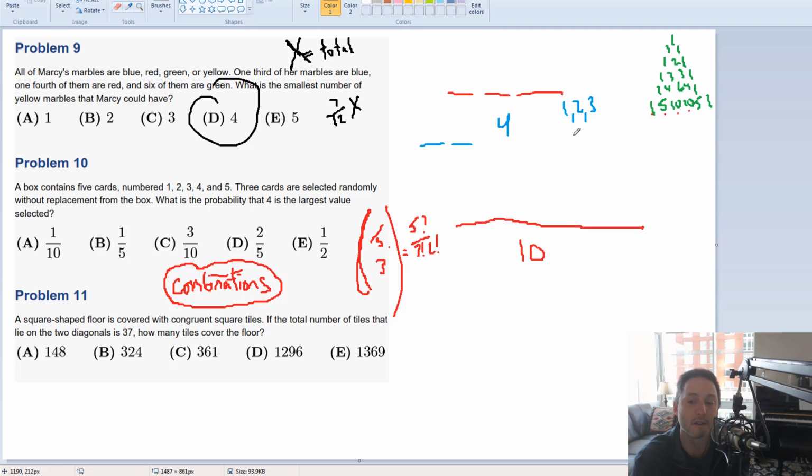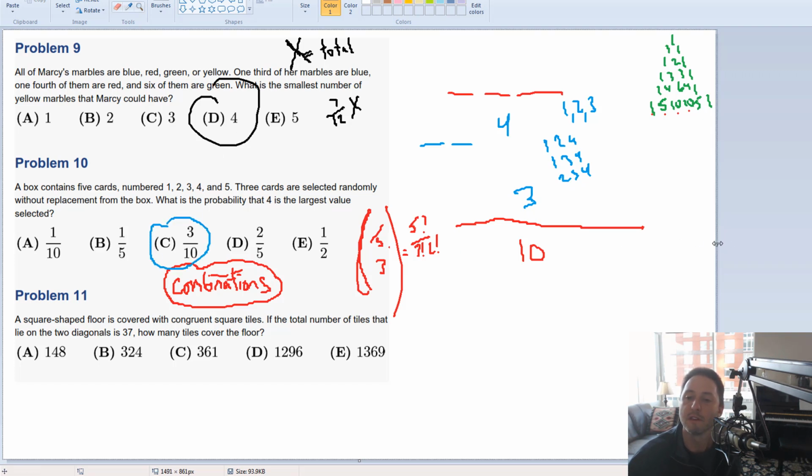Well, there are 3 ways that we can choose 2 of these numbers, right? You could do 1, 2, 4. You could do 1, 3, 4, and you could do 2, 3, 4. So there are really only 3 combinations out of the 10. So the answer would be 3/10, unless I made a mistake.